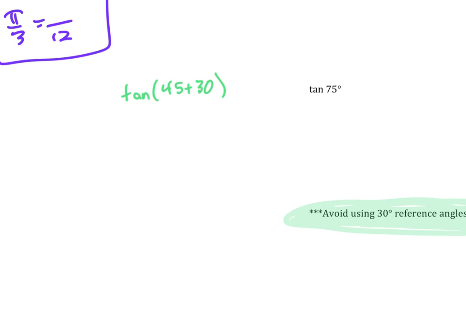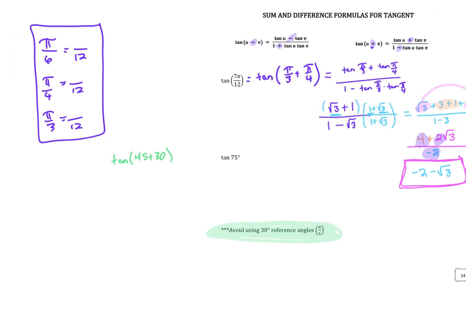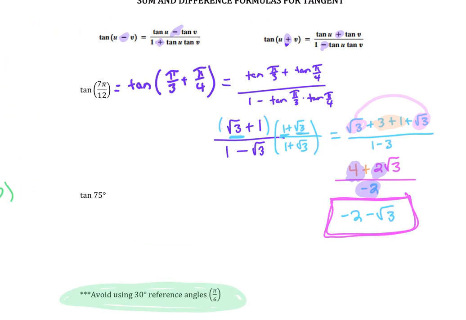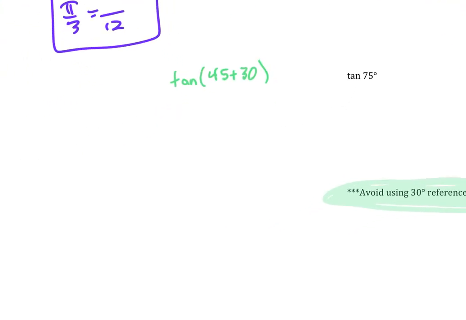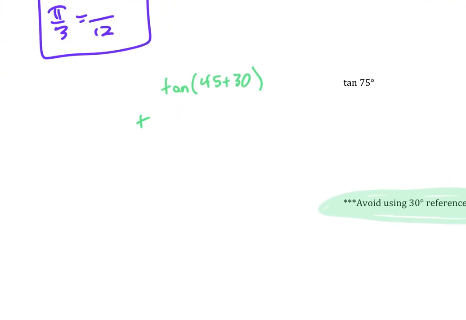Thinking about the formula, go up here and look at the formula. We're using plus, so that means we're doing tan of 45 plus tan of 30 all over 1 minus tan 45 times tan 30.